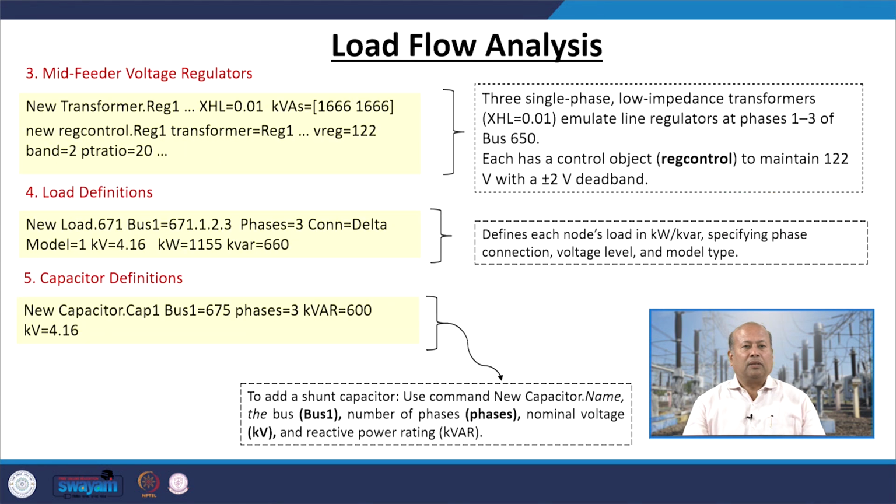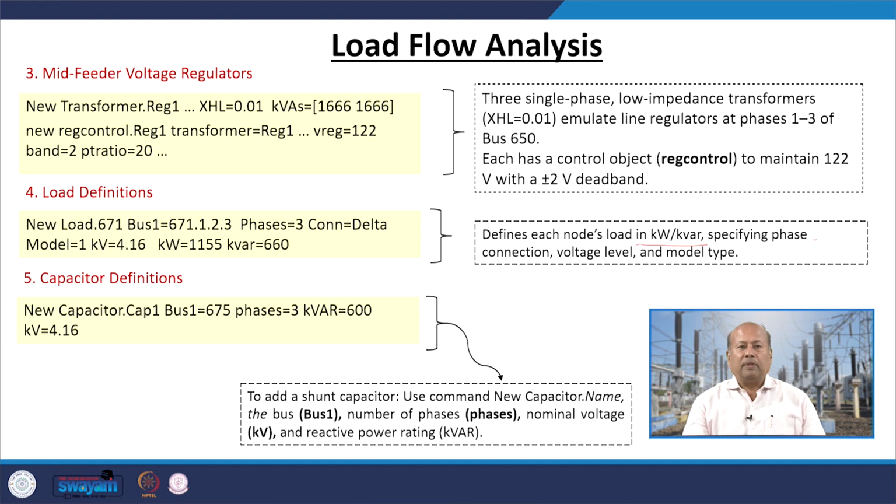Then mid feeder voltage regulators, 3 single phase low impedance transformers of XHL 0.01 emulate line regulators at phases 1 to 3 of bus 650. Each has a control object, regcontrol, to maintain 122 volt with plus or minus 2 volt deadband.